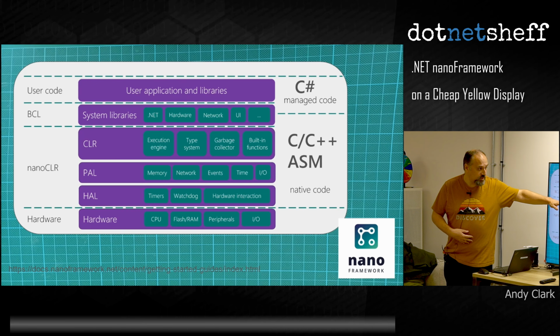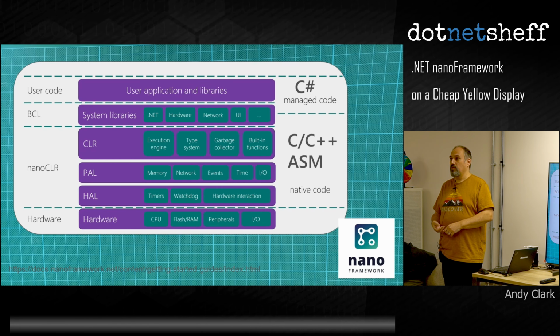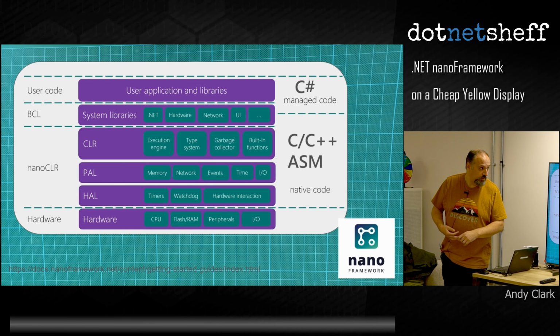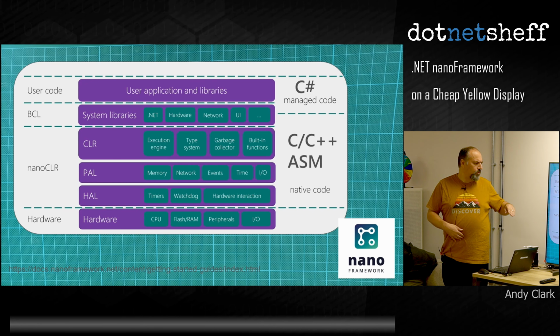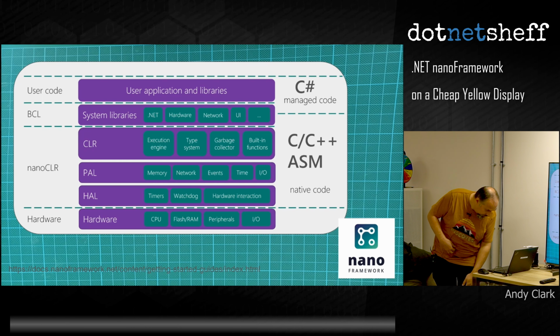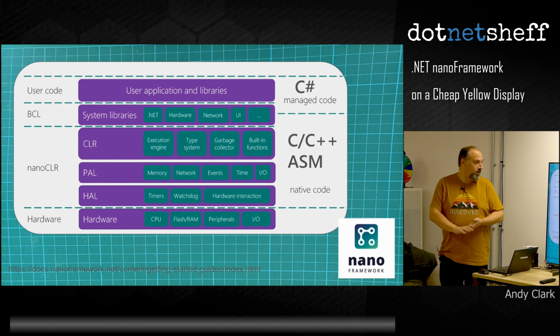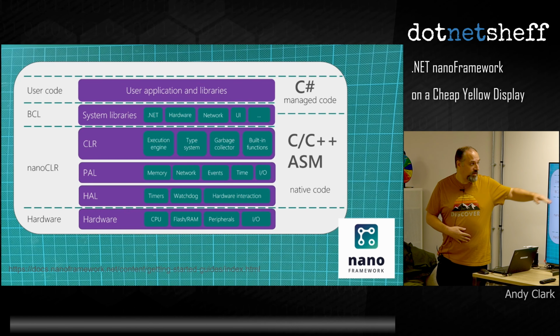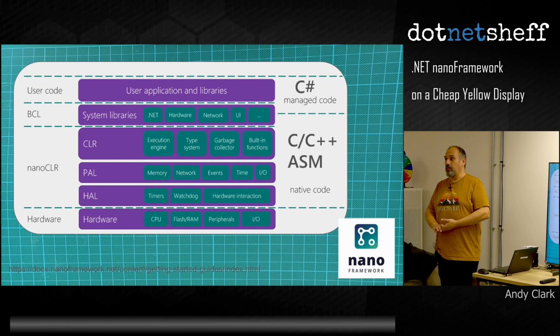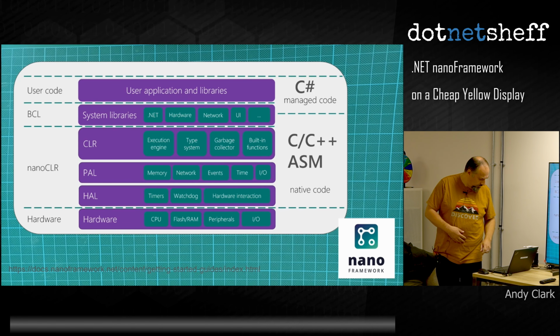And then stuff that you might recognize, CLR, all the usual execution engine, type management, even garbage collection, etc. And some basic functions. And then the BCL. Base class library? Base class library, well done. It is basically a series of standard libraries that you can add on top of all the other stuff. And then finally, the code that you get to write is the fun bit.